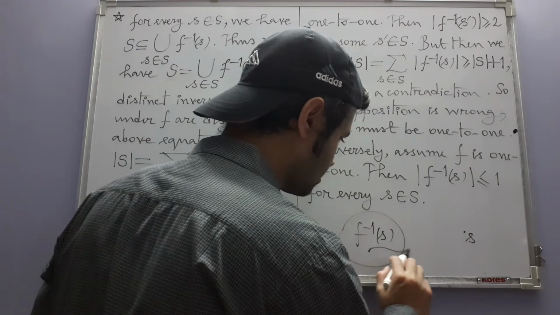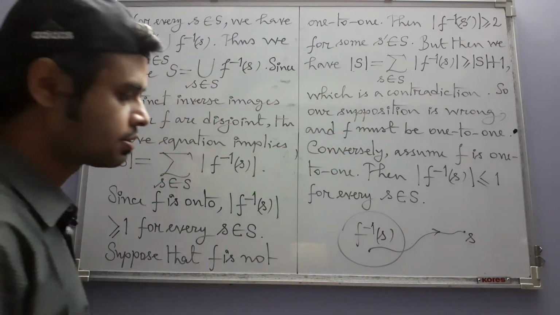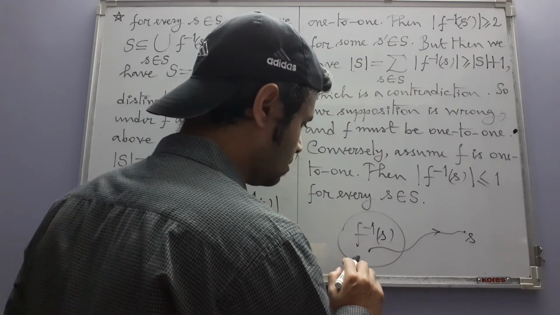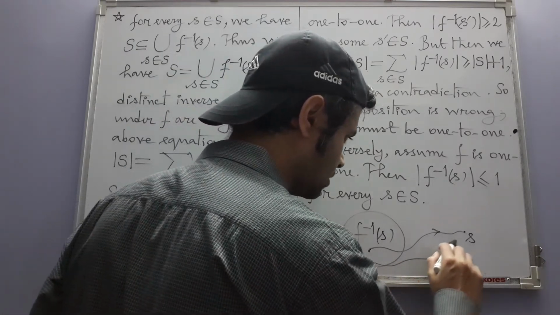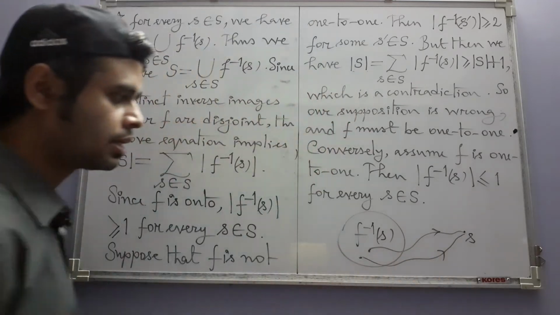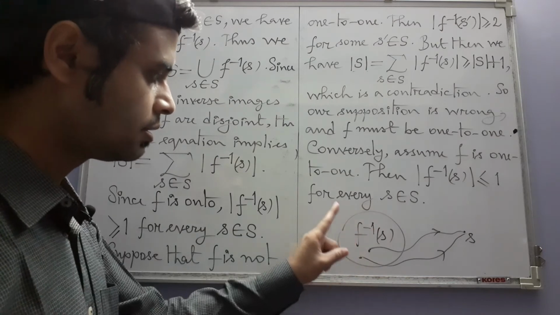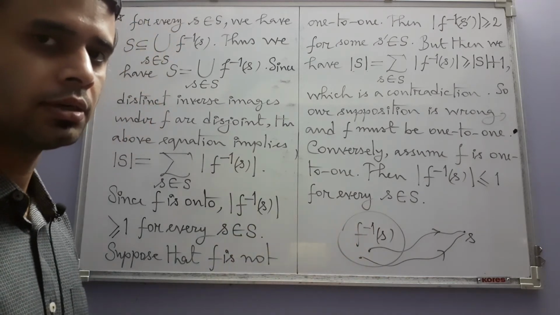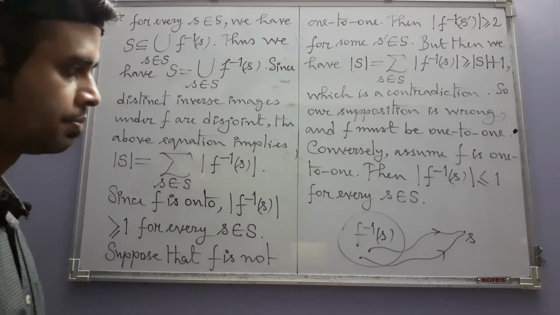So from that something you are getting this f value s, but there cannot be another something distinct from this something, because then 1 to 1ness is being violated. So either there is nothing or there is exactly one element in every inverse image because of 1 to 1ness.